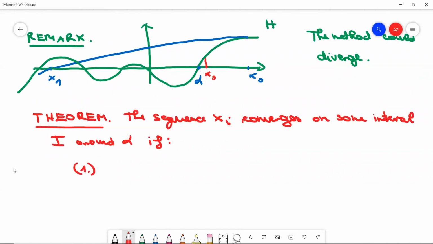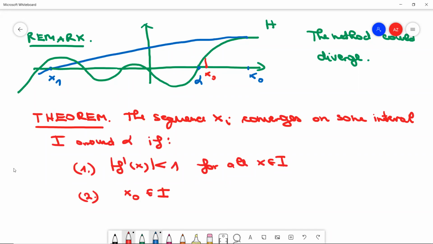First, the derivative of f at x is smaller than 1, and this should be true for all x in the interval I. And second, x naught, of course, the first approximate, should be within this interval.